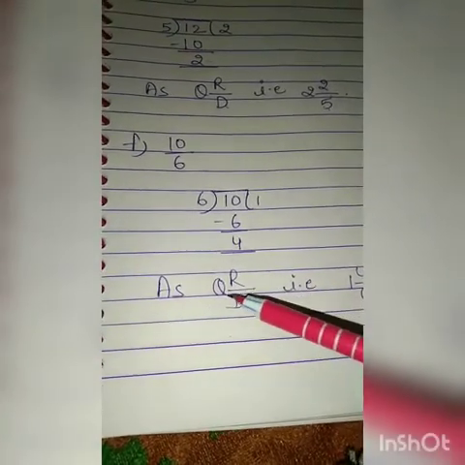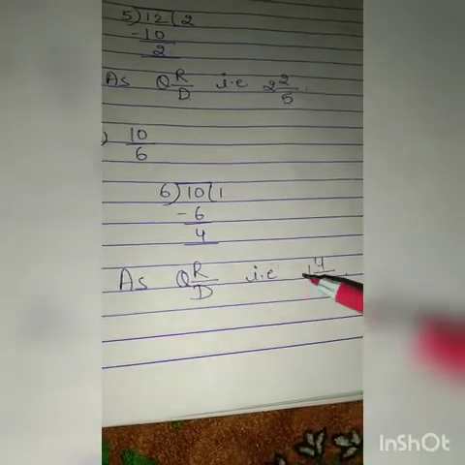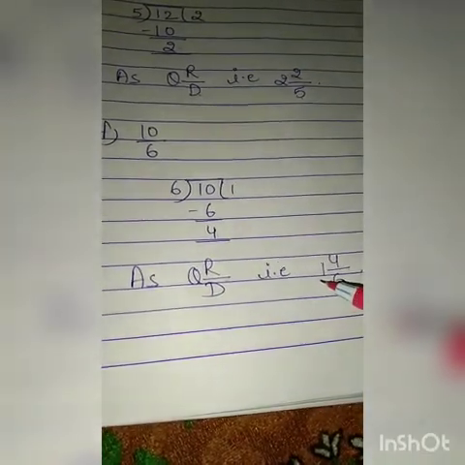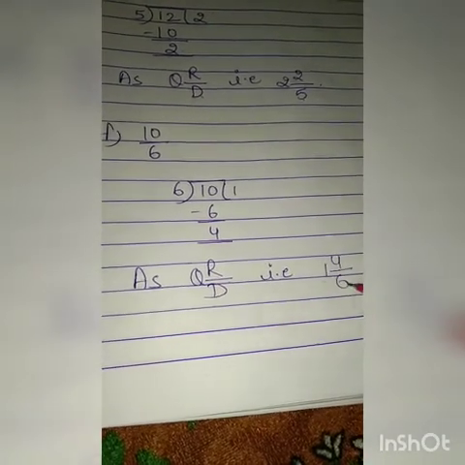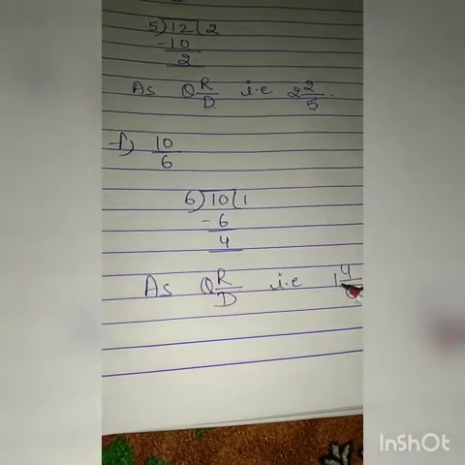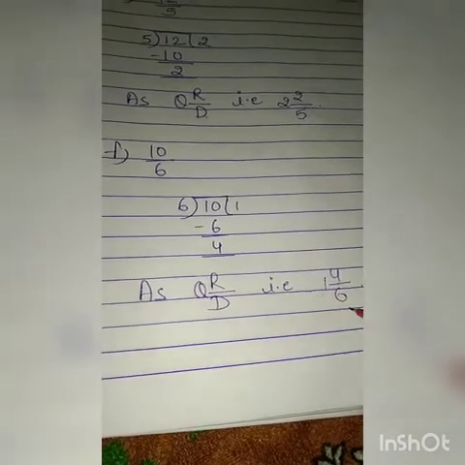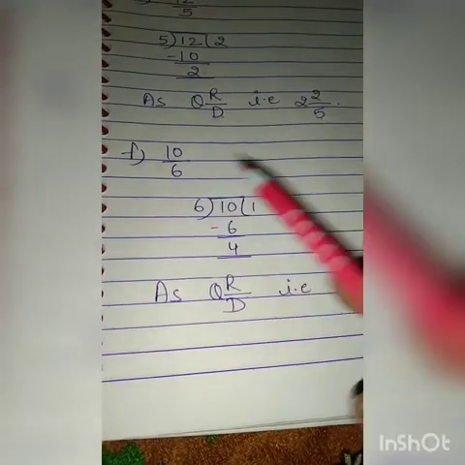As the format is given, q whole r upon d, so we will write 1 in the place of q, 4 in the place of r, and 6 in the place of divisor. So 1 whole 4 upon 6 is the mixed fraction of 10 upon 6.